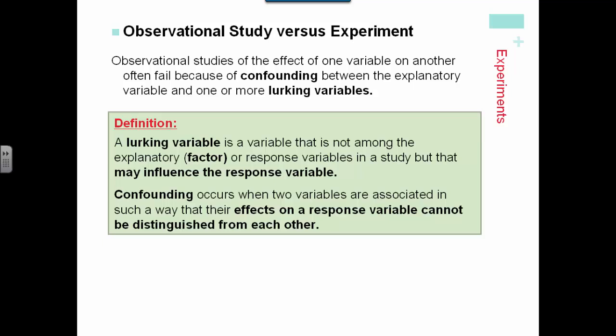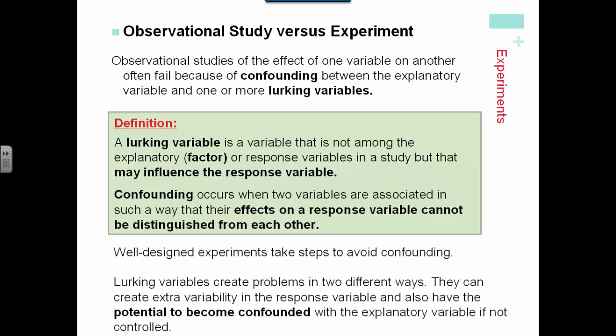Confounding occurs when two variables are associated in such a way that their effects on a response variable cannot be distinguished from each other. Well-designed experiments take steps to avoid confounding. Lurking variables create problems in 2 different ways. They can create extra variability in the response variable and also have the potential to become confounded when the explanatory variable is not controlled.